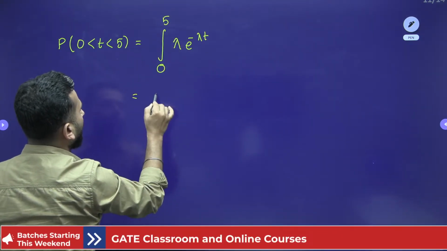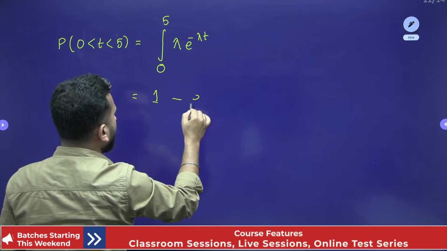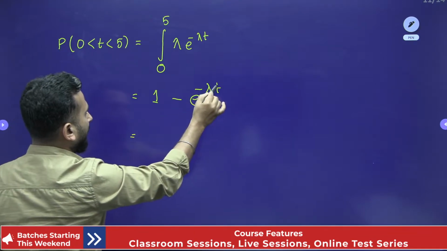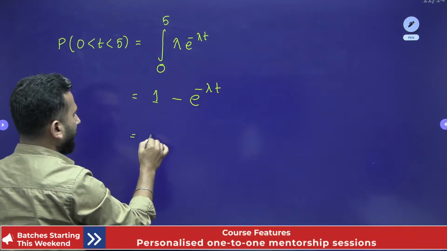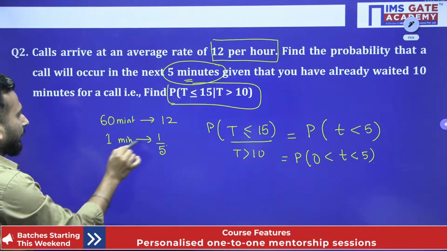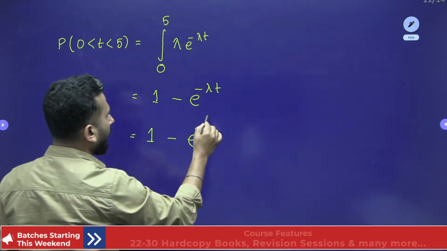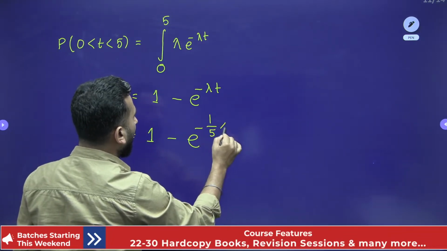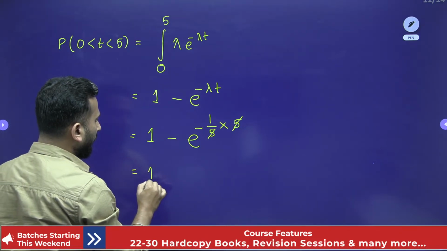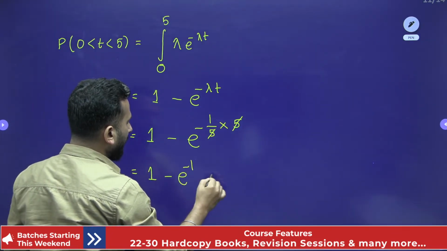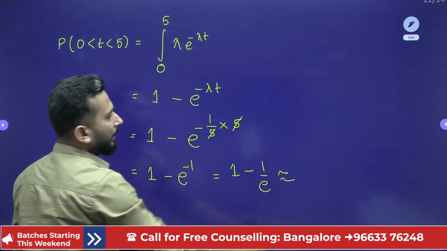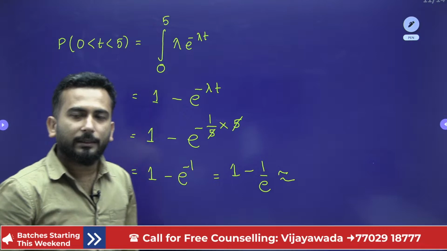If you just do the integration, you will come at this, and where t is nothing but 5. So 1 minus e to the power minus lambda t. What is lambda? Lambda is 1 by 5, and t is 5. This cancels out, and 1 minus e to the power minus 1. 1 minus 1 by e, and you can solve this to get the answer. Right.